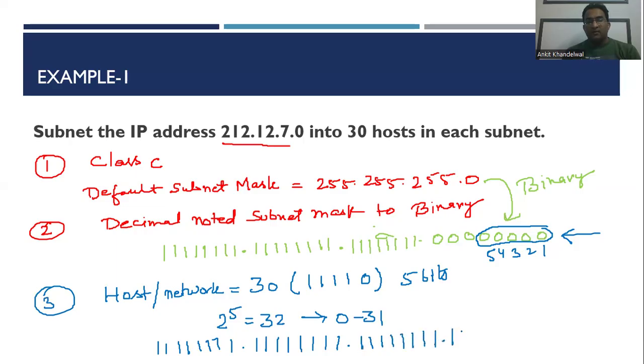And 1, 2, 3. These 5 bits will not be changed. 1, 2, 3, 4, and 5.